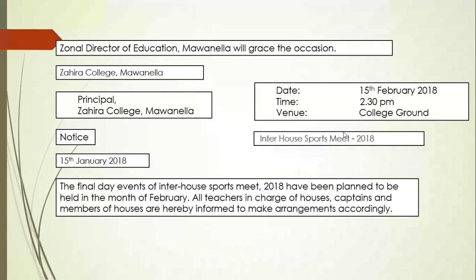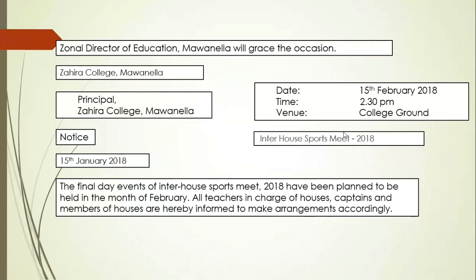Zonal Director of Education, Mavanalla, will grace the occasion. So you know where it must come. It does not come at the beginning. Zahira College, Mavanalla. So it looks like the name of a school. Principal, Zahira College, Mavanalla. Notice, 15th January 2018.